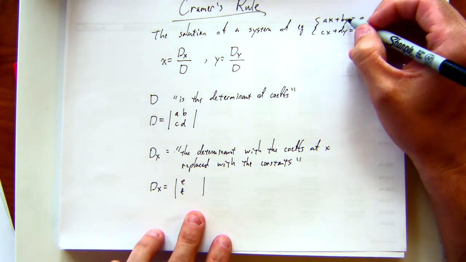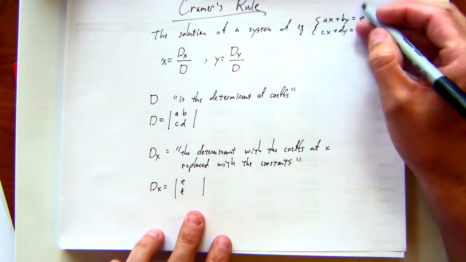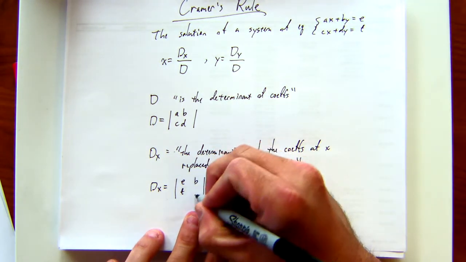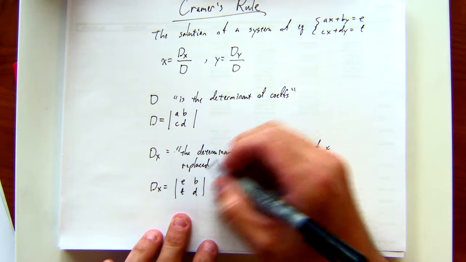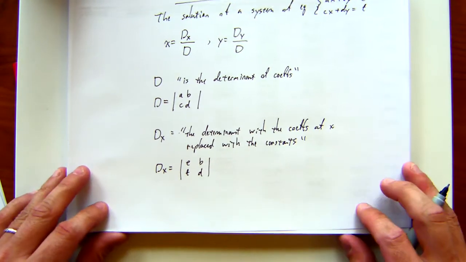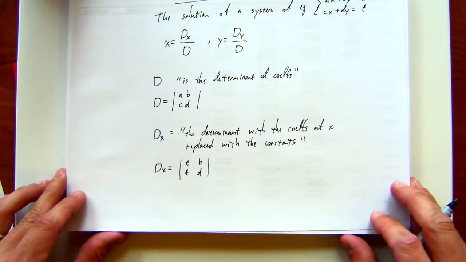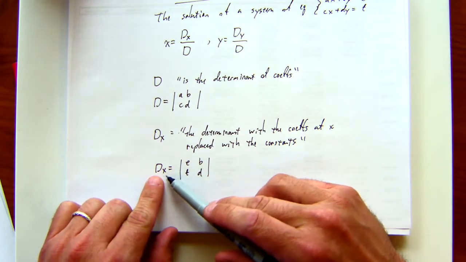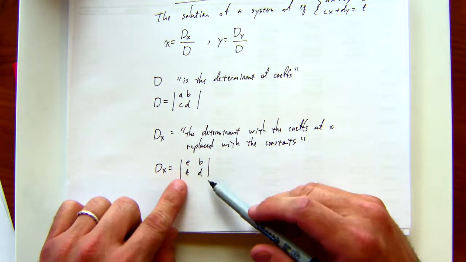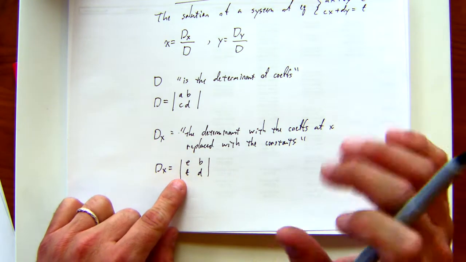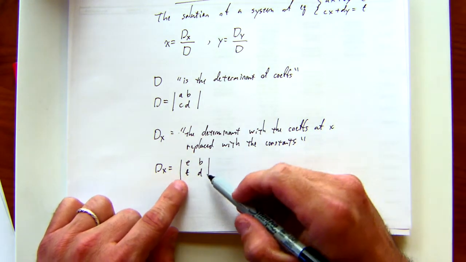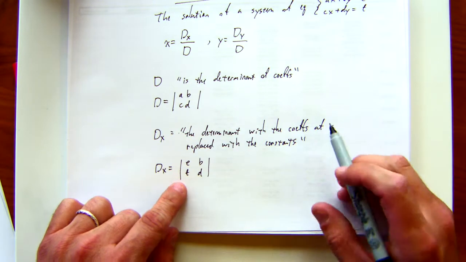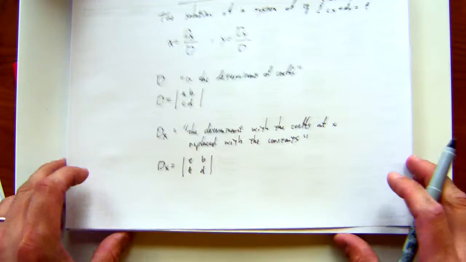And then I'm going to continue to use the coefficients for the second column, so b and d for my coefficients of y. Any questions? So I'm just assigning what these big D's are. They're just going to be determinants of specific types of matrices. I have to formulate these matrices in this way for this to work. We'll do an example in a minute.